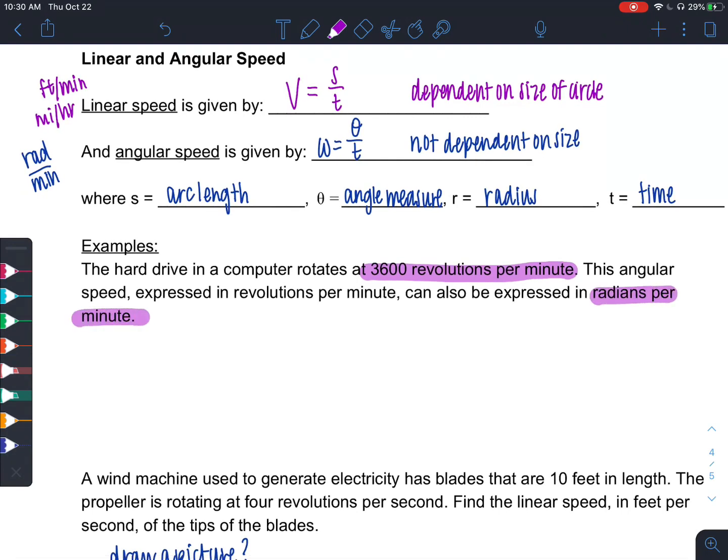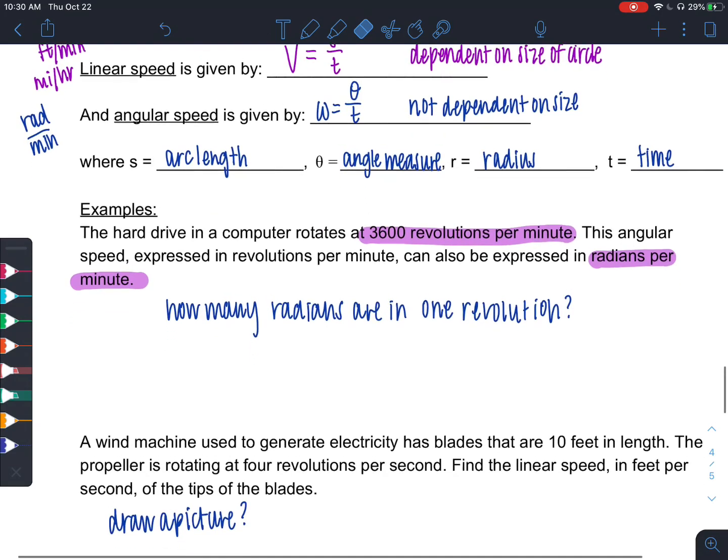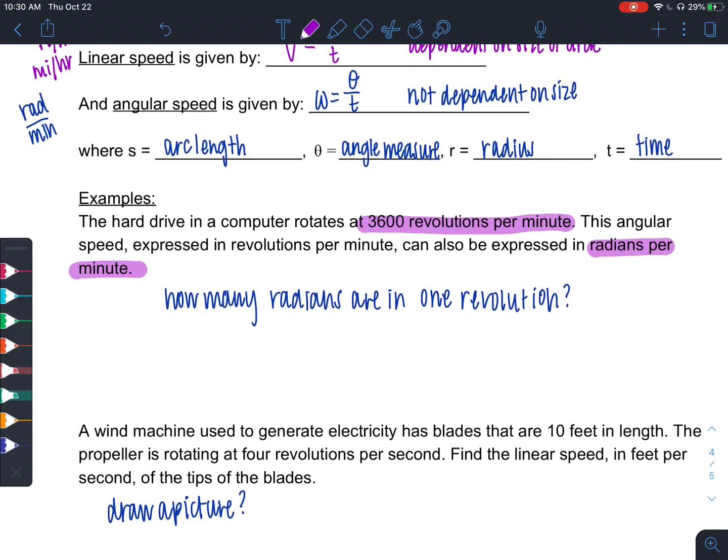So we need a conversion, and so we're going to ask how many radians are in one revolution. Go ahead and answer that question. There are 2 pi radians in one revolution. So 2 pi radians per revolution, and we're going to multiply that by 3,600 revolutions per minute.